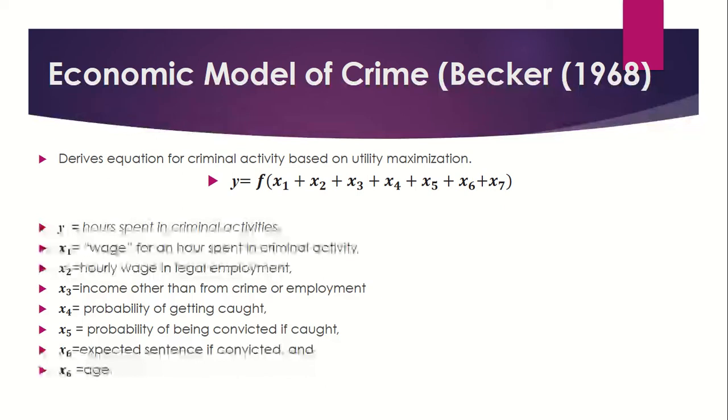One important thing to observe here is that in this model, there is no functional form defined of how these variables are linked. For example, either they are positively linked or they are negatively linked. You don't know the link.